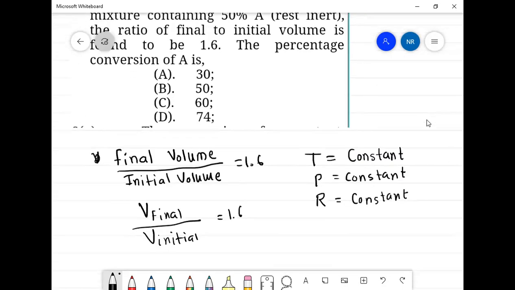So we have PV is equal to nRT, where n represents the number of moles.